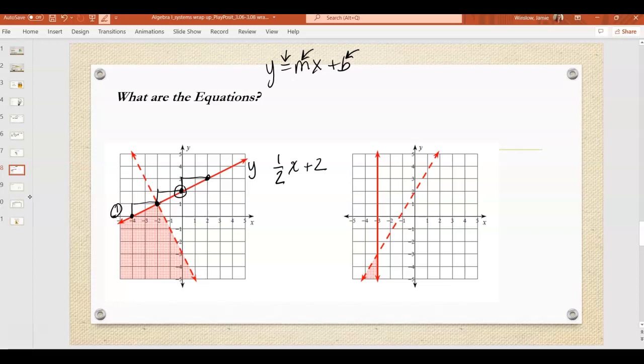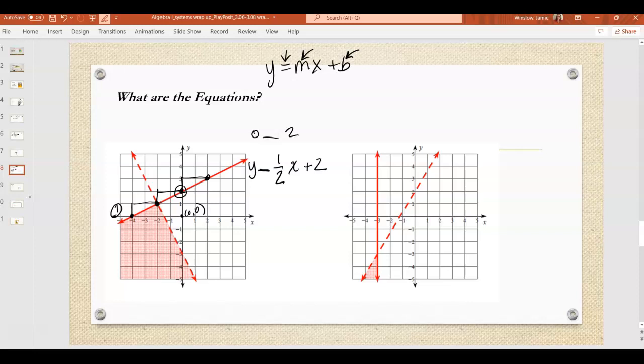The very last step is deciding what inequality symbol we're going to have. It's a solid line, so we know it's going to be equal to. And then I personally like to still pick a test point. So if we pick 0, 0 and plug that in for x and y, we would have 0 something 2. Well, look at the picture. It's shaded below the line, which means it's going to be shaded over 0, 0.